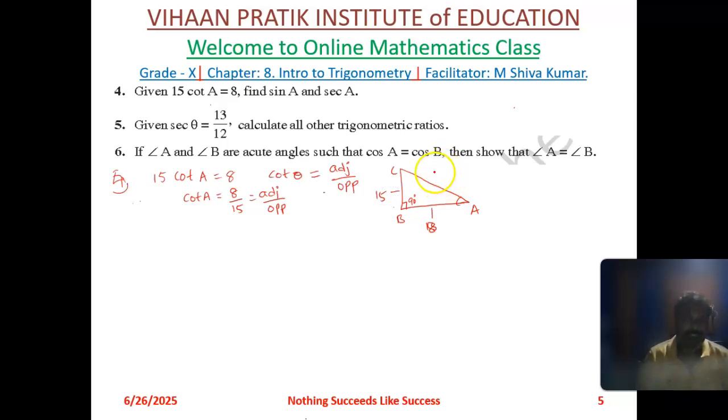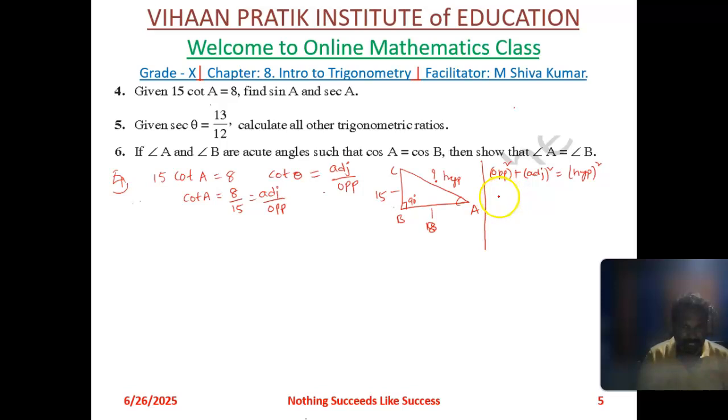In the same way, we need to find the third side, which is the hypotenuse. So we'll use the same Pythagoras theorem, which states that opposite side square plus adjacent side square equals hypotenuse side square.